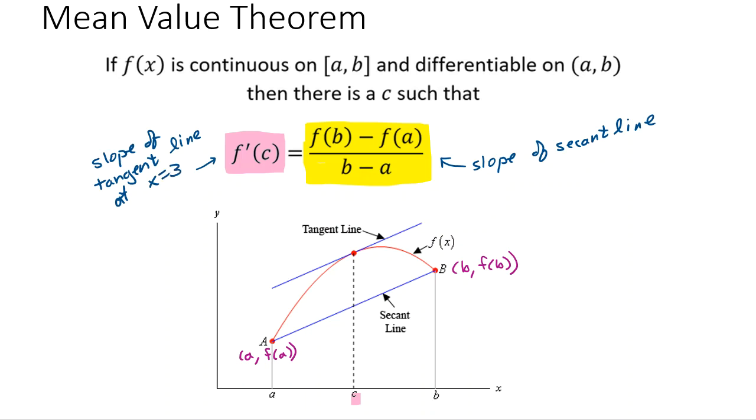Down here in this picture, we've got this secant line with a certain slope, and there's some tangent line that has the same slope, so it would be parallel to that secant line at some value of c. It's not here because this tangent line would not be parallel to that secant line. It exists for at least one point c.